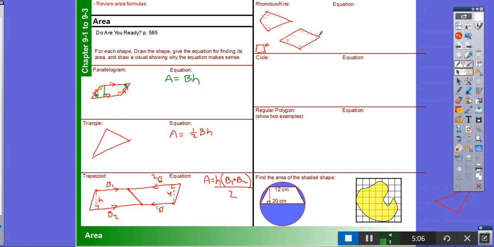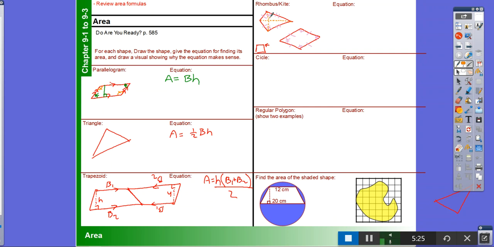Now for the area, something kind of special happens for both the rhombus and the kite. I'm not going to show the derivation of it, but both of these shapes have diagonals. You have a major and a minor diagonal.